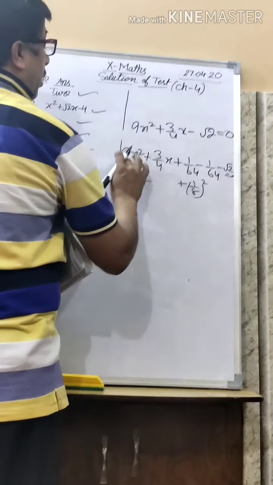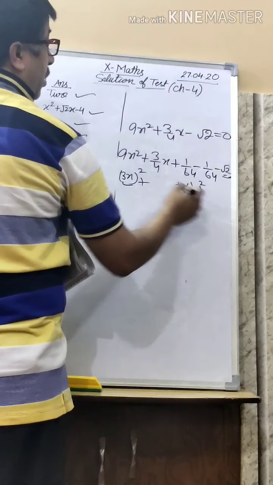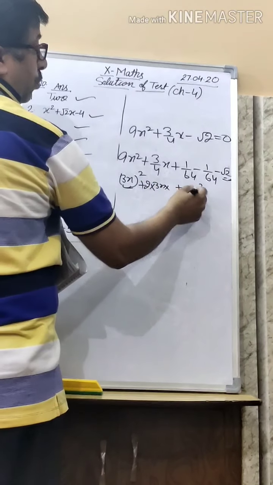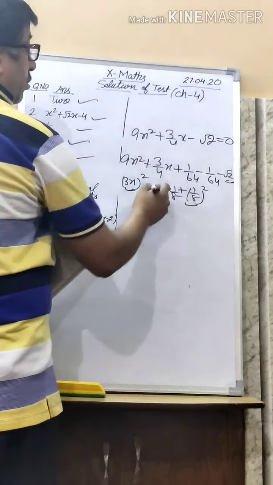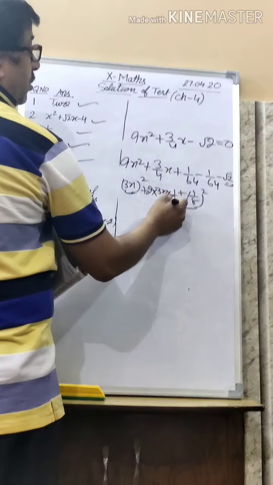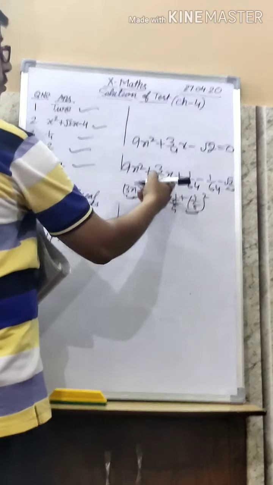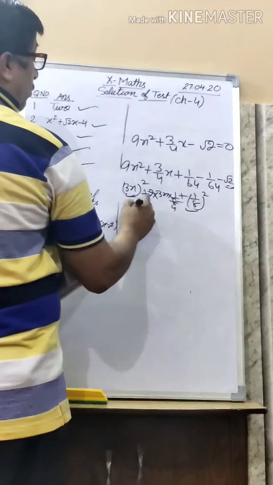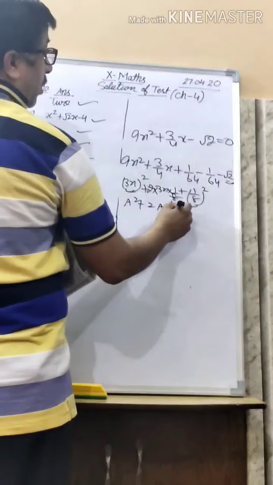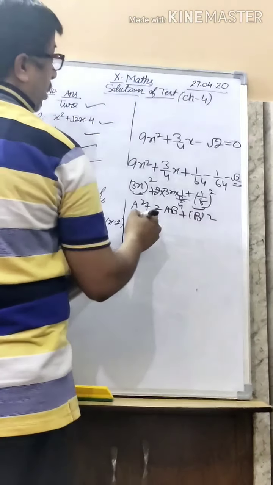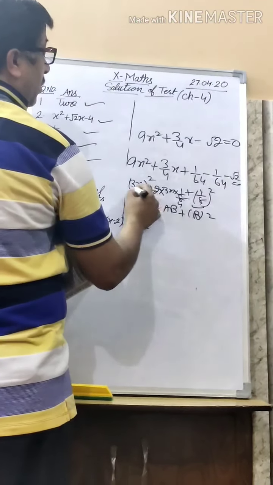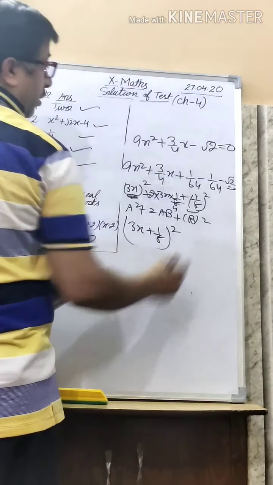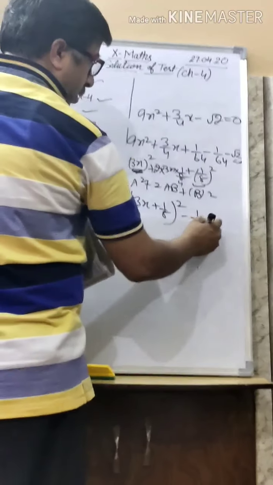And this is a square plus b square plus 2ab. So you check this. In this way you see, 3x by 4, 3x by 4 I am getting. So it is a square plus 2ab plus b square. So what do you say? It is (3x plus 1 by 8) whole square. Other terms are also.